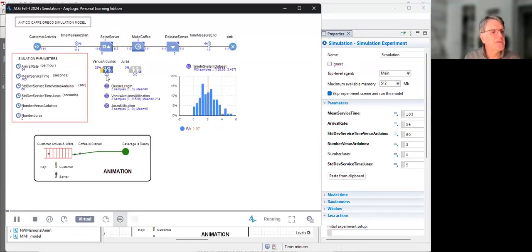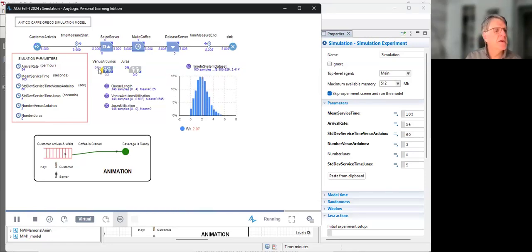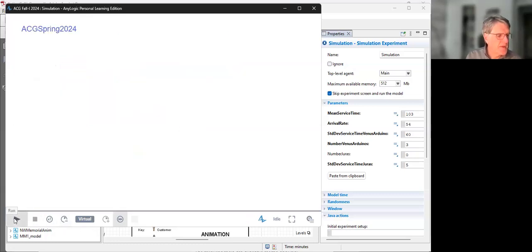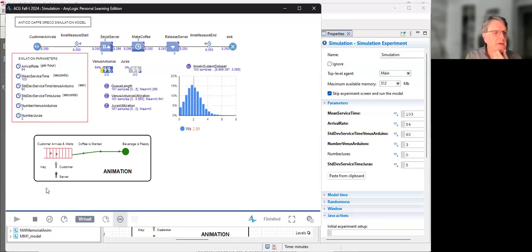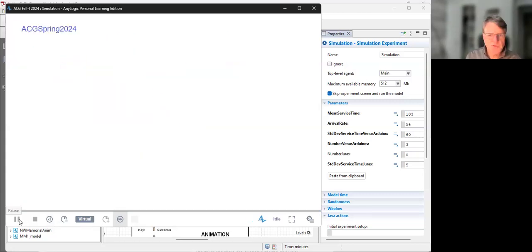So there are the 3. You can see how many are available, 0, 1, 2, or 3 at different times. Still below 50 percent utilization here. My waiting time in system estimate is 2 minutes. Let's try that again. So now 54%, 2 minutes average, really consistent results.